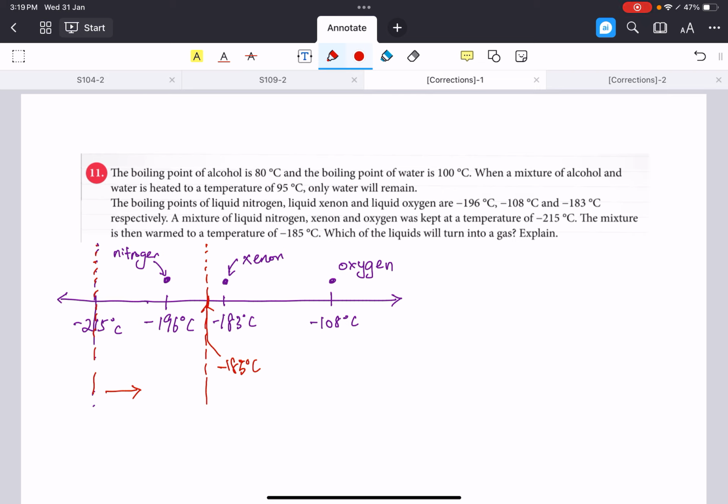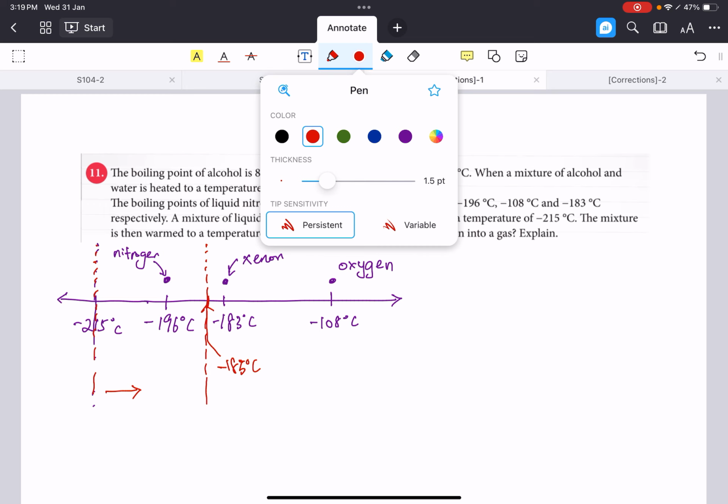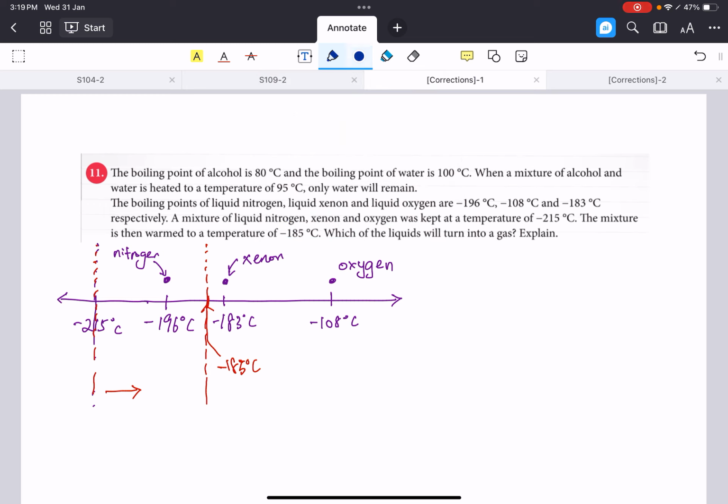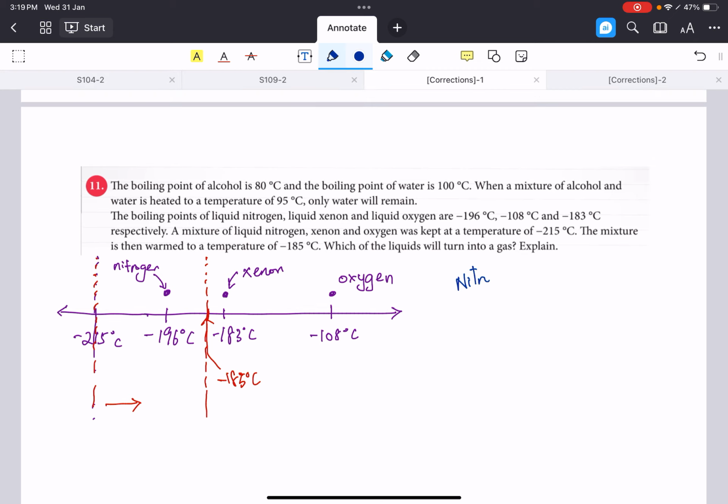So to answer the question, let's change my pen back. The answer is which of the liquids will turn into the gas? Nitrogen will turn into a gas.